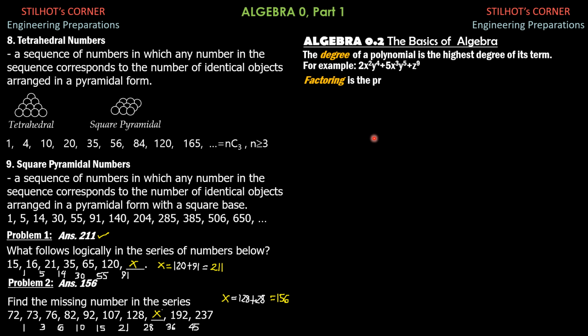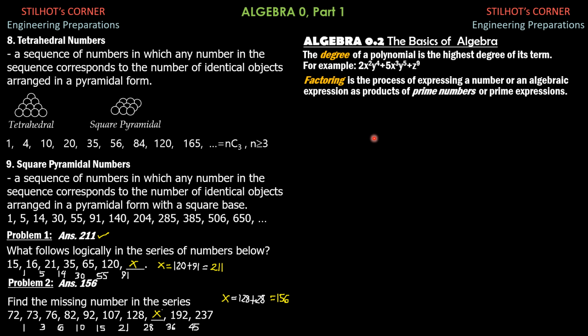Then we define factoring as the process of expressing a number or an algebraic expression as products of prime numbers or prime expressions. In algebra, if you can remember, prime factors are factors which can no longer be factored anymore.